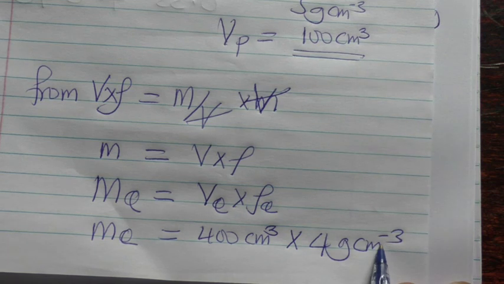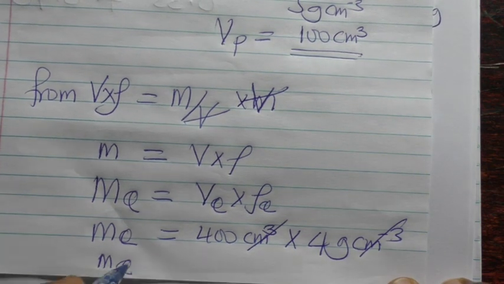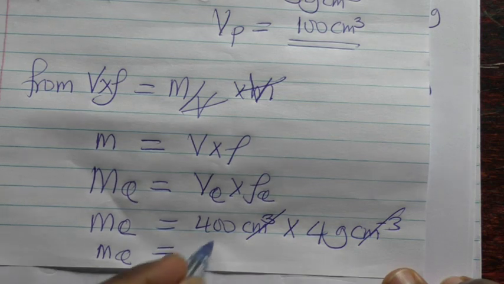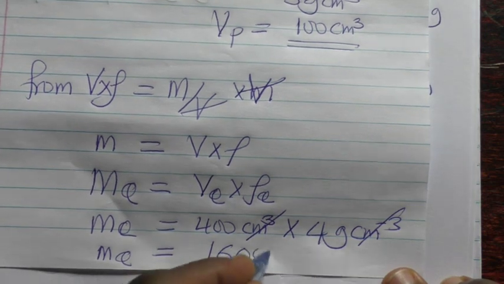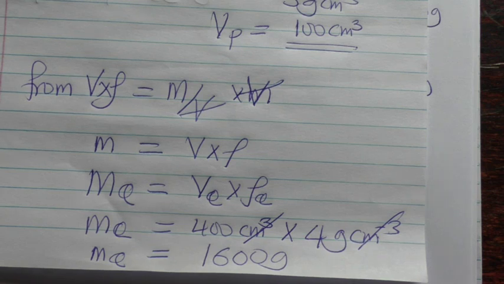The cubic centimeter will cancel with this, since this is per, meaning it is dividing. We end up with the mass of Q as 1,600 grams. So that will be the mass of Q.